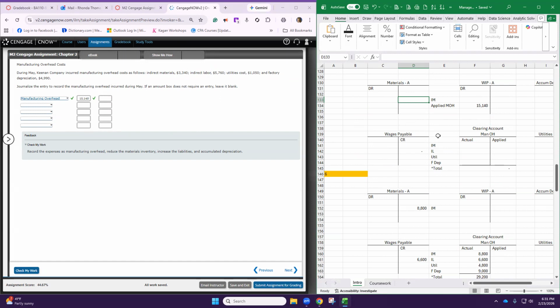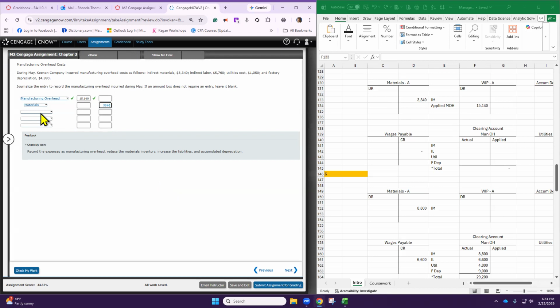Okay, so I guess we're not actually putting it in the manufacturing overhead account right this minute. Okay, but they said indirect materials is going to come out of materials, even though this is also where direct materials come out of. Okay, and then we're going to make materials go down by the amount of indirect materials that we requested. Remember, that's in here already.